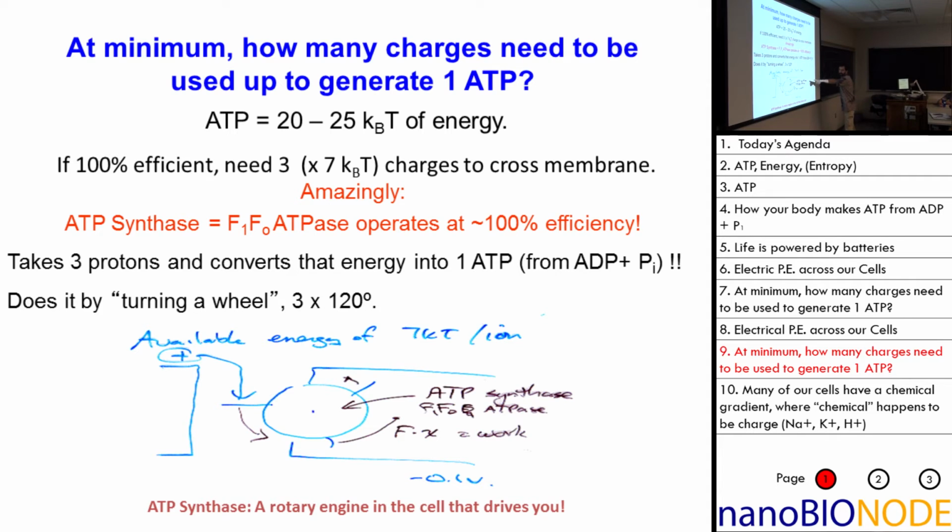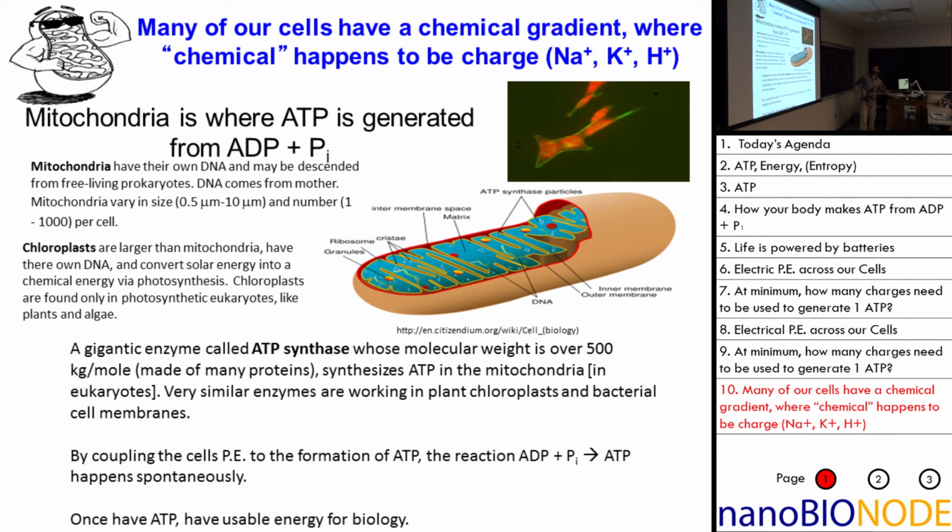Okay, so this is the model that we have. And where does this actually occur? It turns out it occurs in the mitochondria. Every one of your cells has a mitochondria. And inside the mitochondria is a series of membranes.